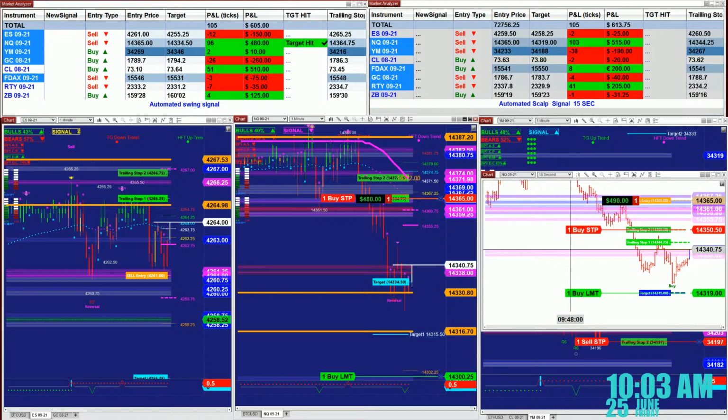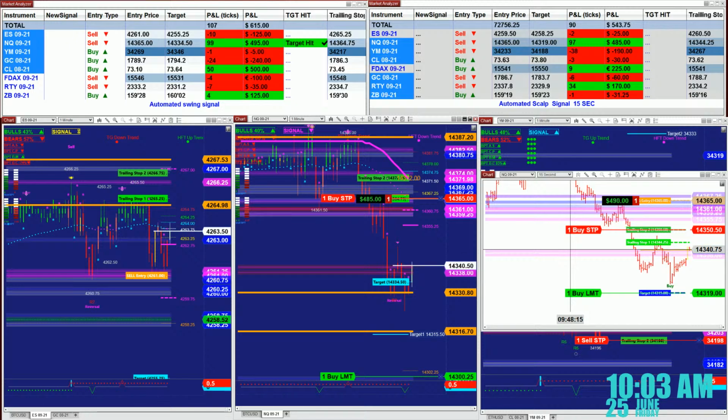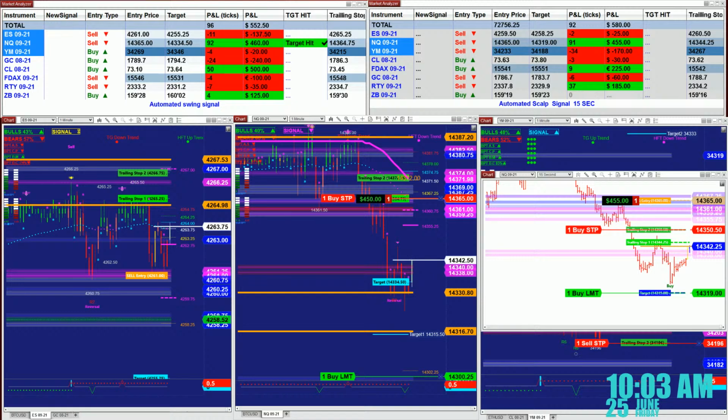Is there any problem with the sound? Does anyone have a problem with the sound? Anyway, I don't know if you are talking about the sound for the indicator bin, or you're talking about the sound on the YouTube.